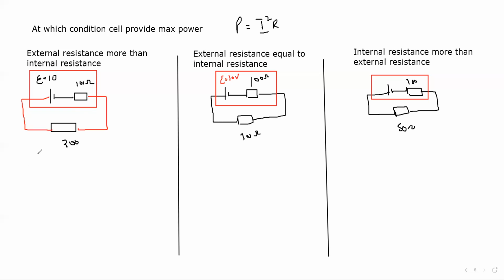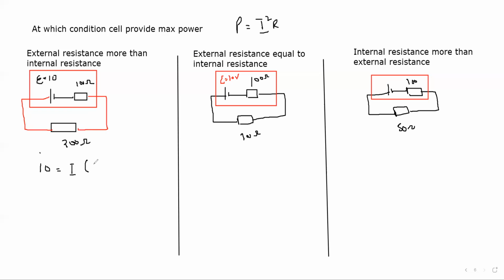The total EMF is 10, and the total circuit resistance is 200 plus 100, that's equal to 300. So you have the formula V is equal to IR. V is 10, I is the current which we don't know, and R is the combined resistance, the total resistance, because they are in series.